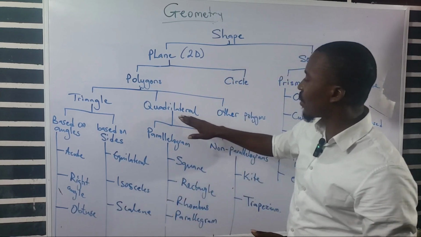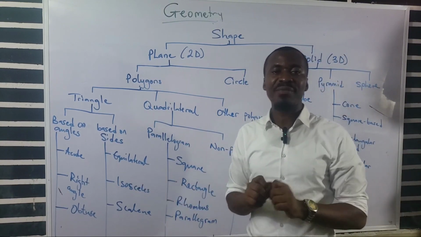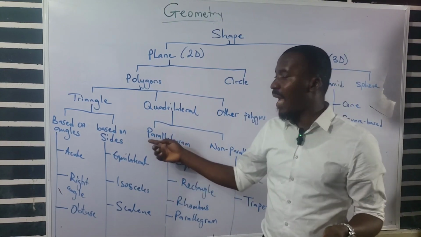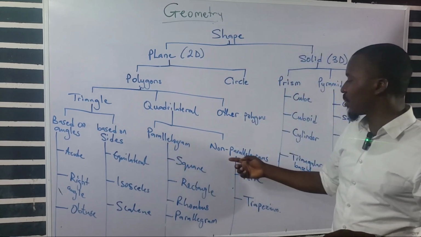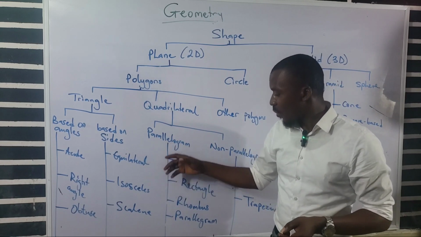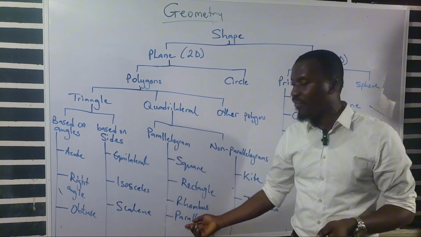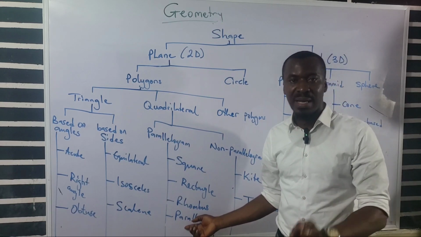Now, coming to quadrilaterals, we basically have two types: parallelogram and non-parallelogram. There's always a confusion here: why do we have all these under a parallelogram, and we also have a shape that we call a parallelogram?